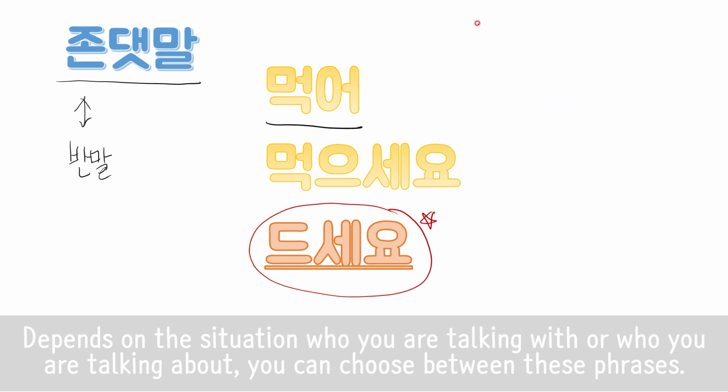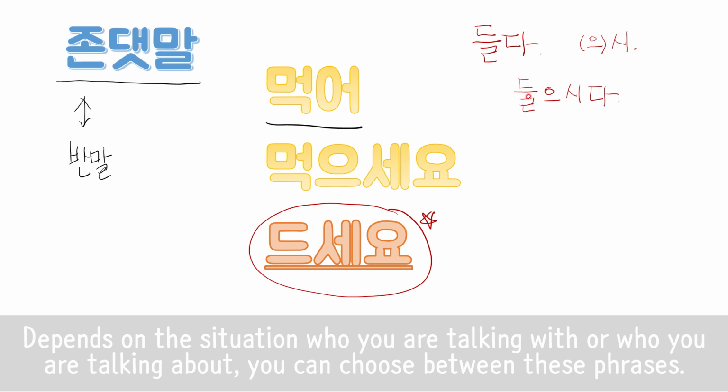So the dictionary form is 들다. When you conjugate 존댓말, you have to add 으시. So you have to add 들, 으시, 다.